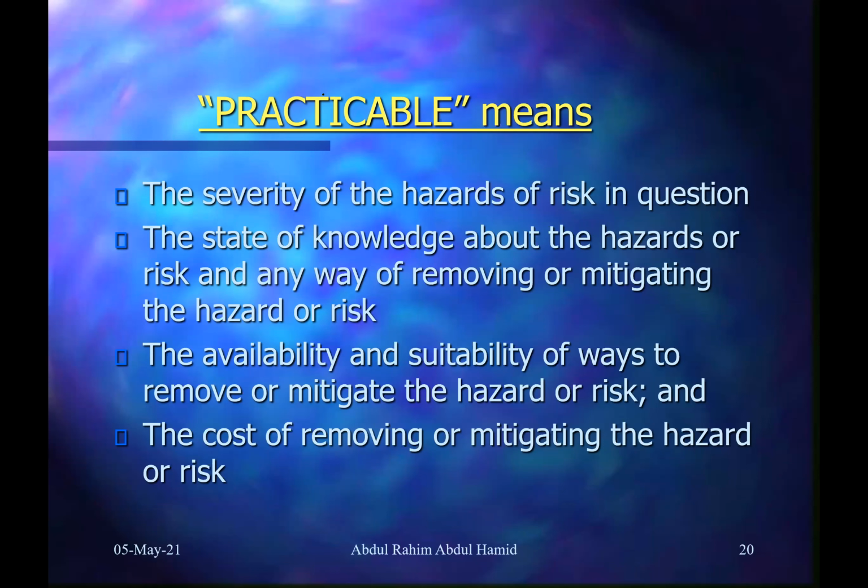Normally, in a big company or a big construction site, as mentioned during the talk last 2 weeks, of course nothing happened because they have a big budget. But if you go to small and medium enterprises, you will see all kinds of non-compliance because they simply do not have sufficient budget.